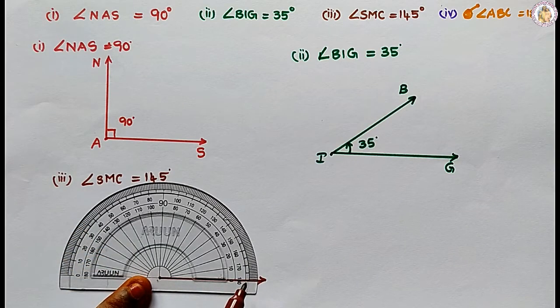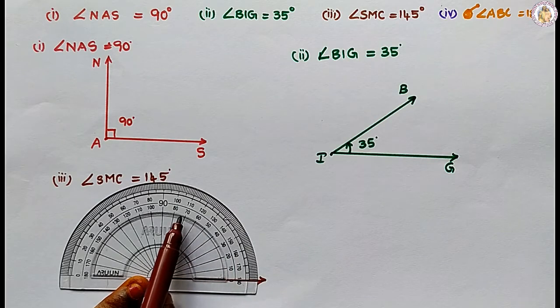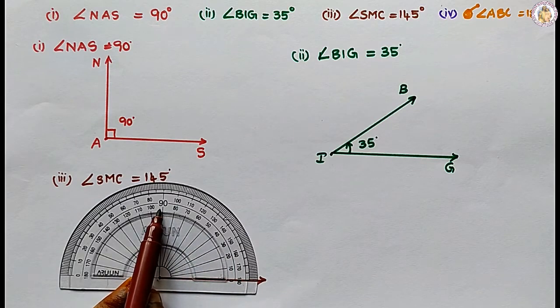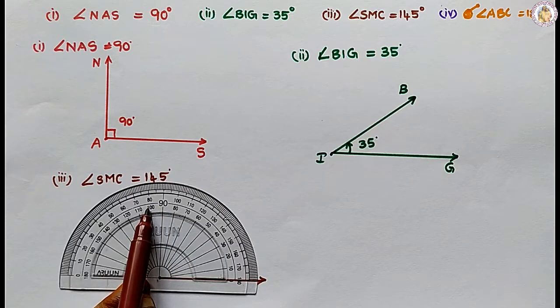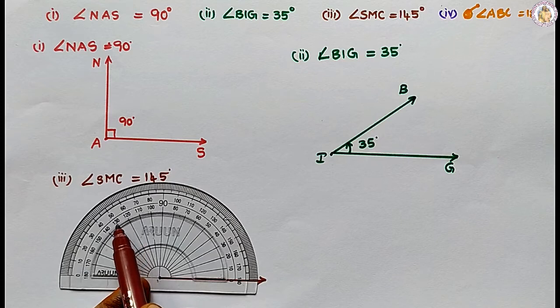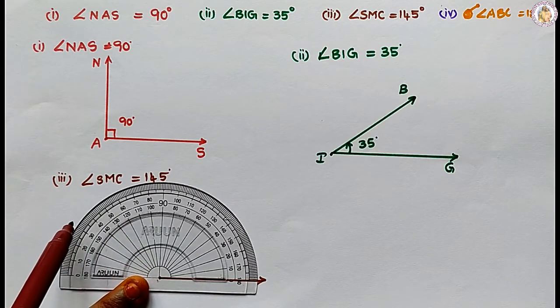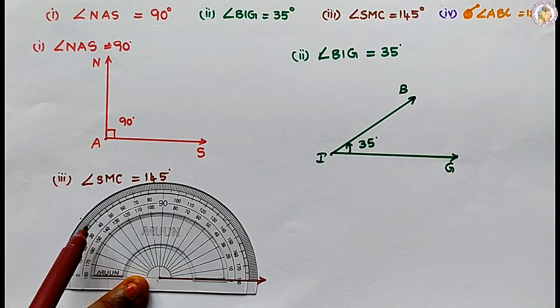And then 0, 10, 20, 30, 40, 50, 60, 70, 80, 90, 100, 110, 120, 130, 140 and 145 is that. 140 and 150 midpoint, that is the 145.